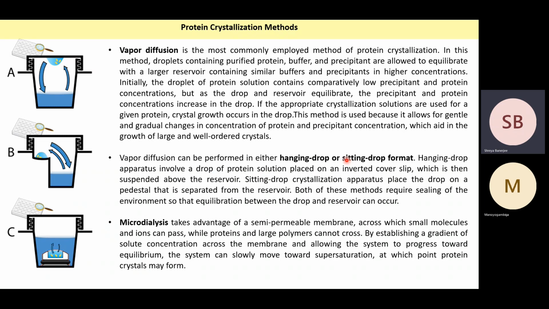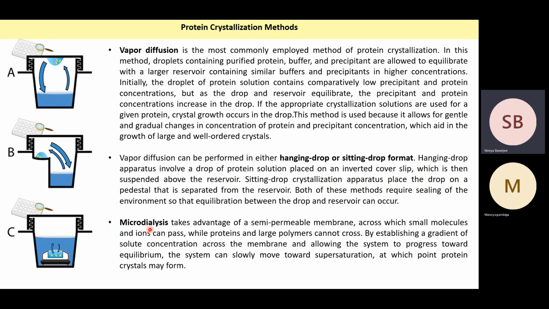The hanging drop apparatus involves a drop of protein solution placed on an inverted cover slip, which is then suspended above the reservoir. In sitting drop crystallization apparatus, the drop is on a pedestal that is separated from the reservoir. Both these methods require sealing of the environment so that an equilibrium can develop between the drop and the reservoir.